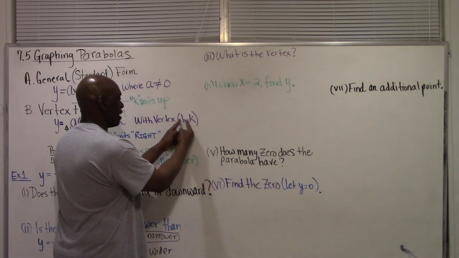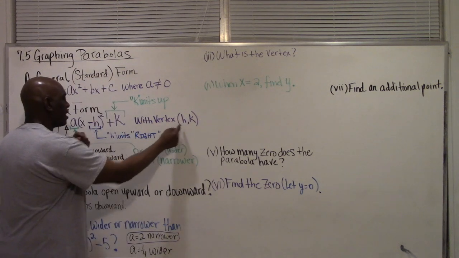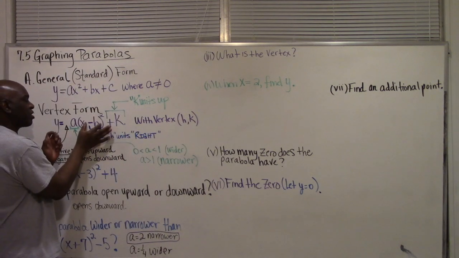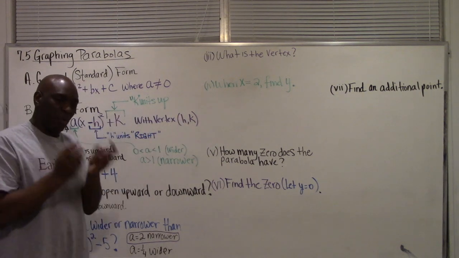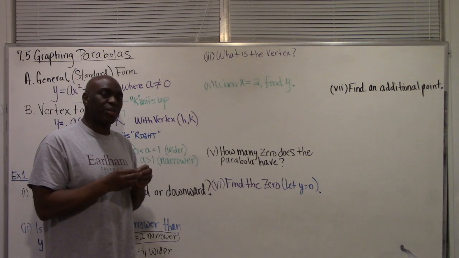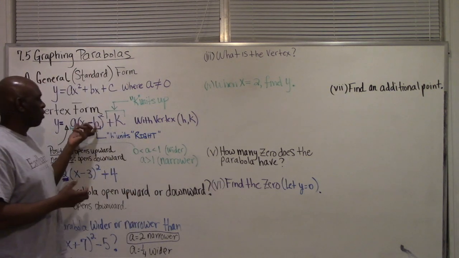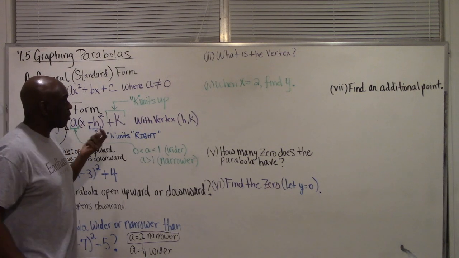I wrote the positive h. Even though here I have minus h, according to the point, it's positive h. And the reason for that is because this positive h is what causes our argument to be 0.